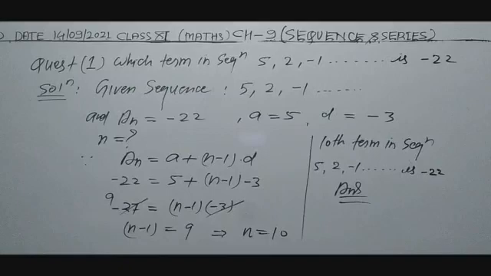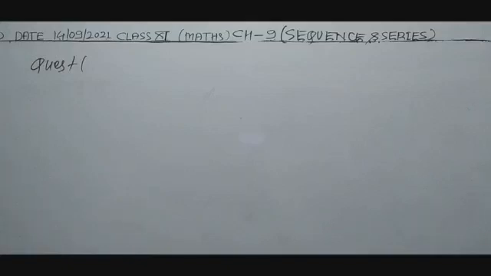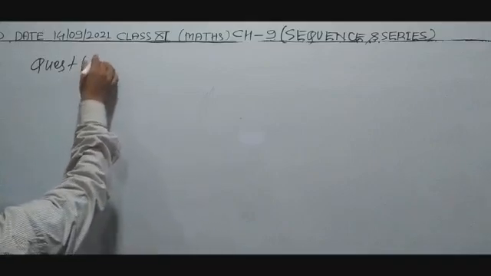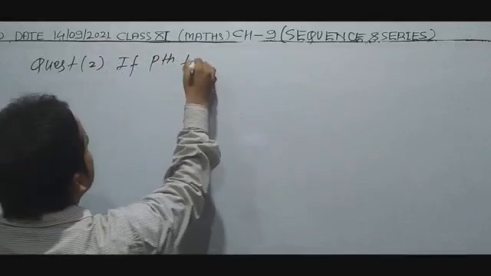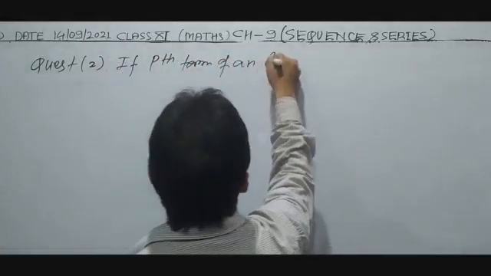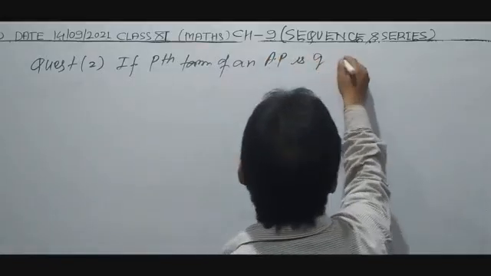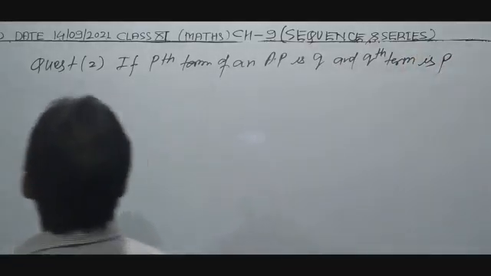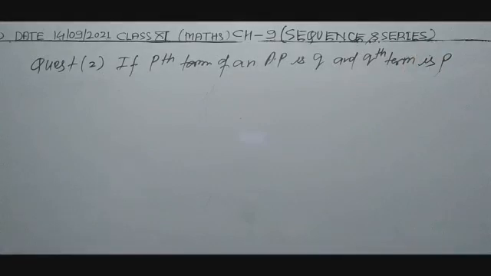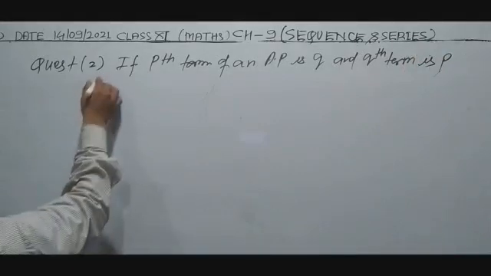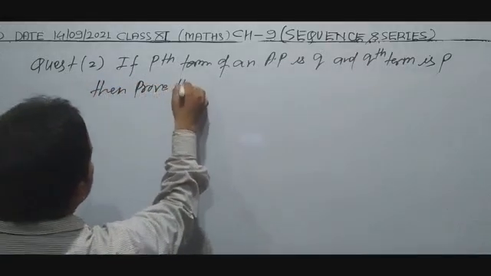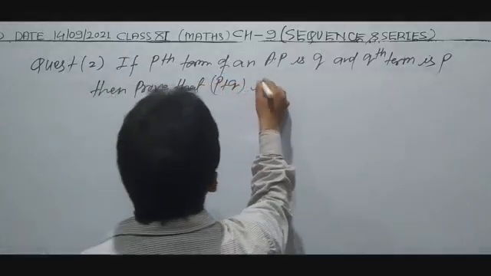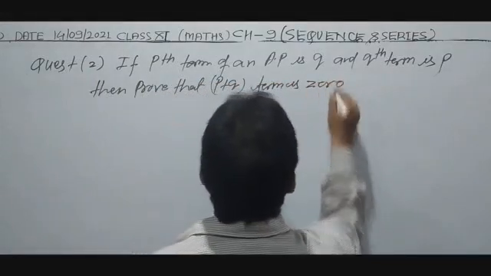Now come to question number 2. If the pth term of an AP is Q and the qth term is P, then prove that the P plus Q term is 0.